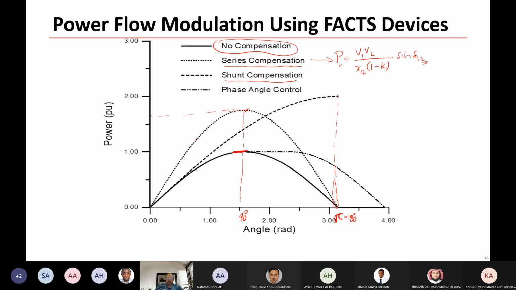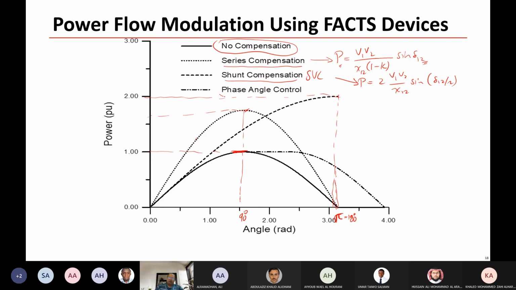This is for static var compensator, and the maximum is double. If this is 1, the maximum here is 2 for static var compensator or SVC. So this is P here equal to 2V1 V2 over X12 sine delta 1 2 over 2. So this is for static var compensator.